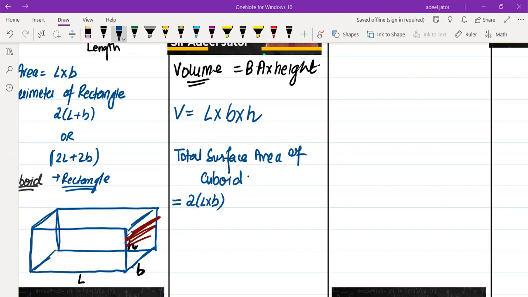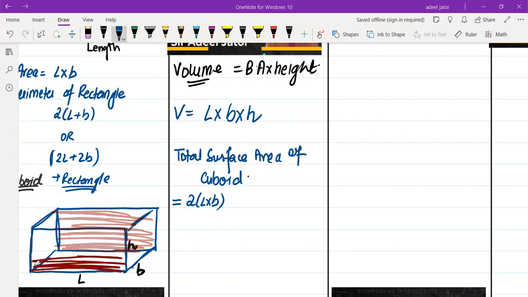Similarly, the front area will be different from the right area, but the front and the back areas are the same.